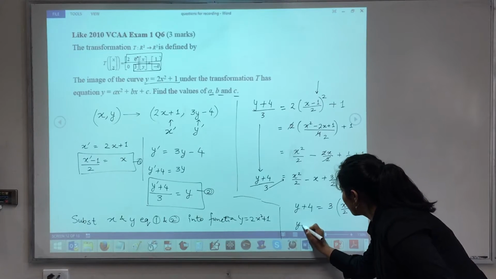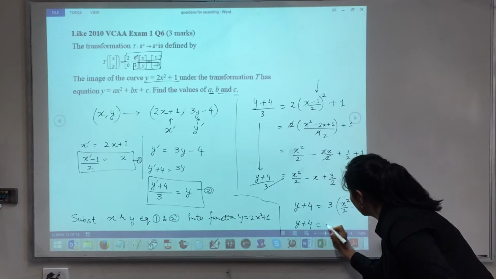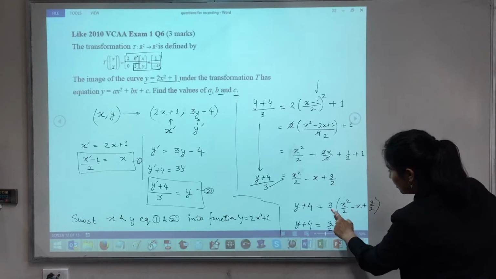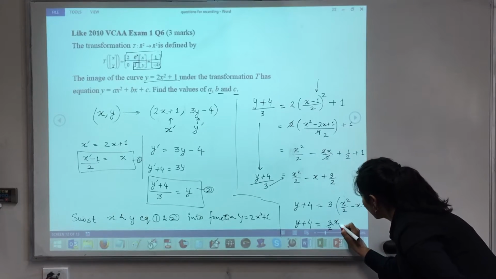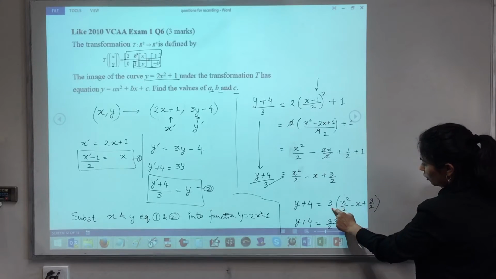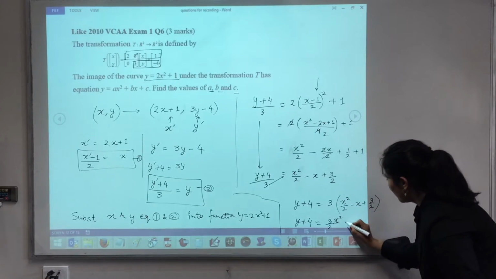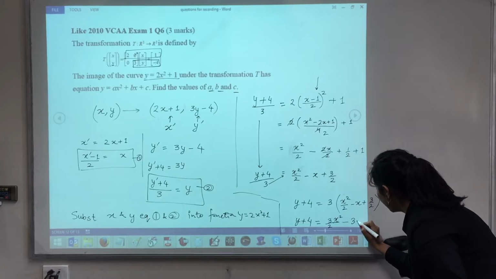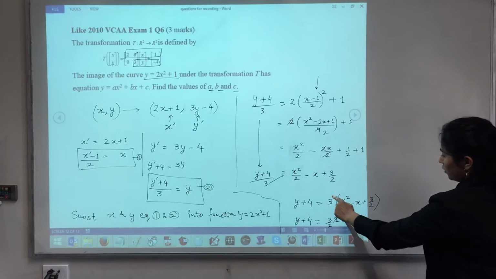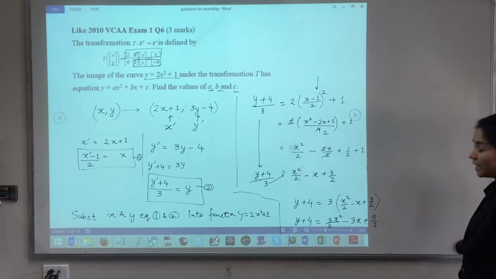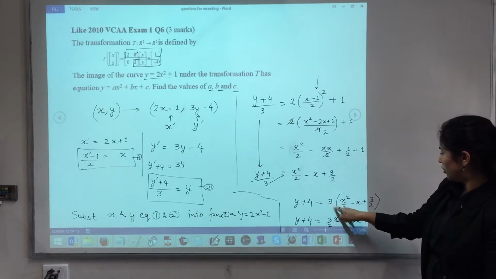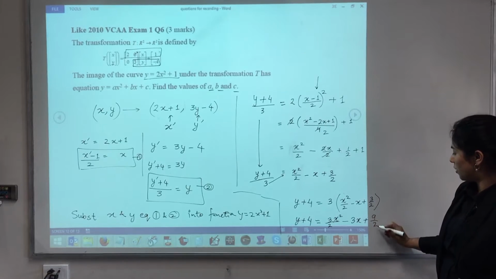So this becomes y plus 4 is 3 over 2, because 3 is going to times this, so 3 divided by 2 of x squared, or 3 times x squared over 2, which is the same thing, minus 3x plus 3 times 3 divided by 2, which is 9 over 2. So 3 times 3 is 9, 9 divided by 2 is 9 over 2.